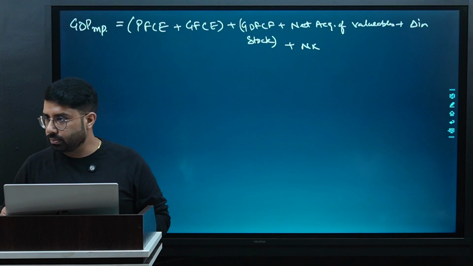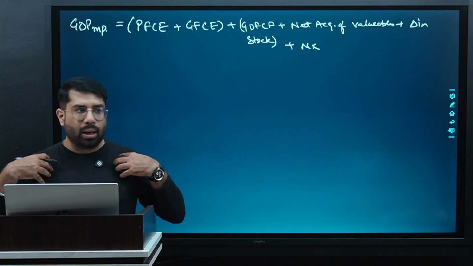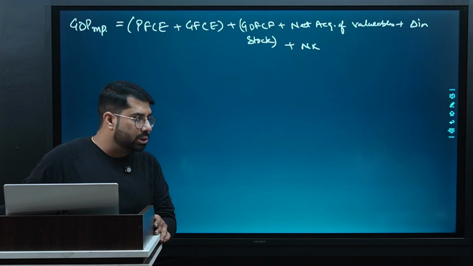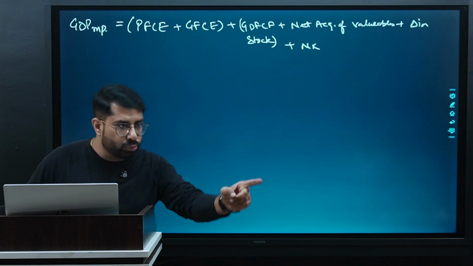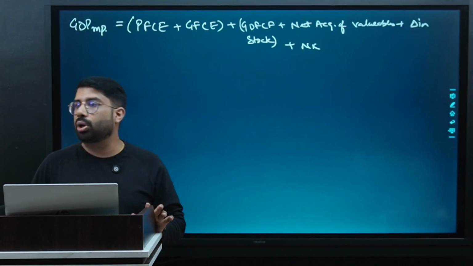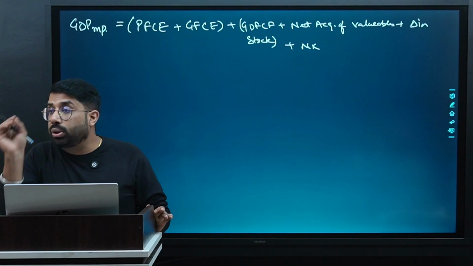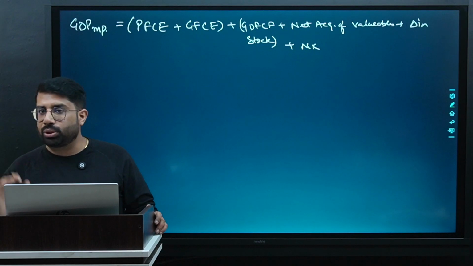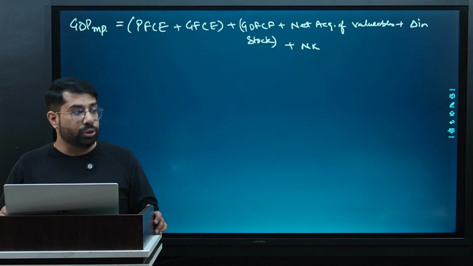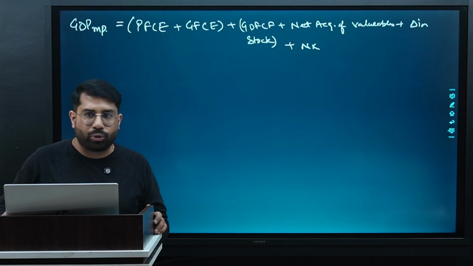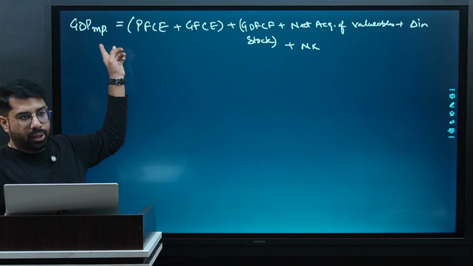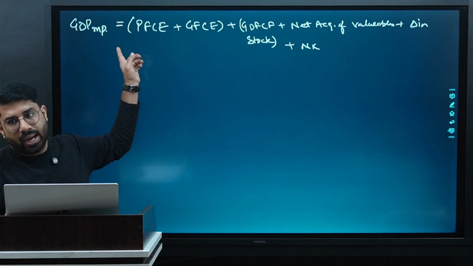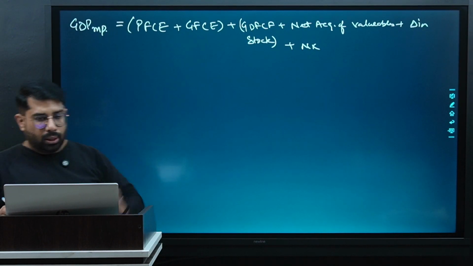So if I am spending 100 rupees on final goods and services, it means that is the value of those final goods and services. And the total value of final goods and services which are produced in an economy in 1 year is what we call GDP at MP. So that is what I am writing here.